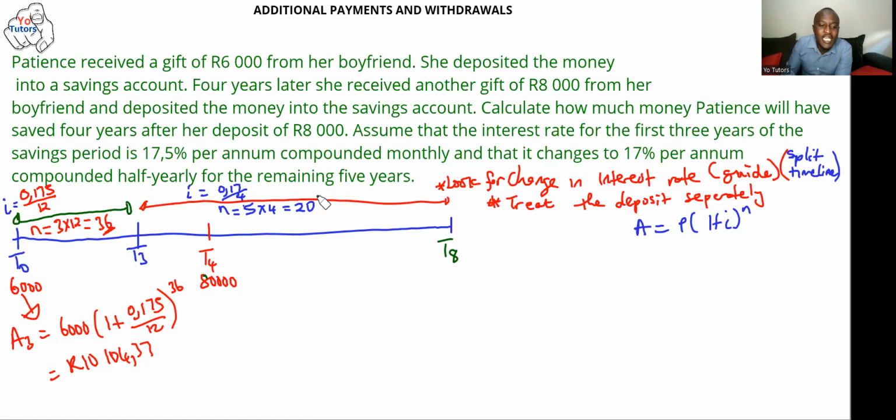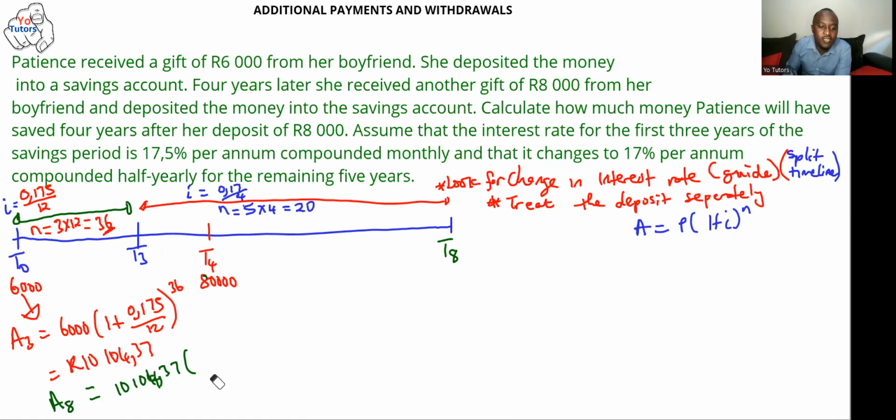Now, what about the accumulated after 8 years? Now, because there's a change in percentage here, A8 is going to be equal to 6,000. Now it's 10,104.37, which is now acting as our principal after the 3 years. Our principal here is going to be 10,104.